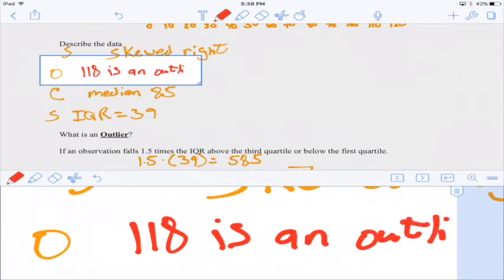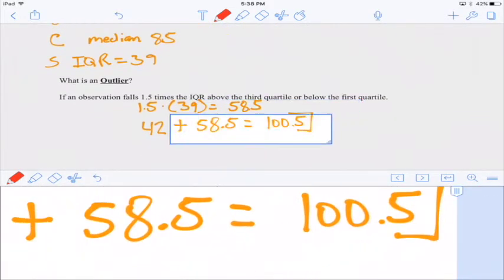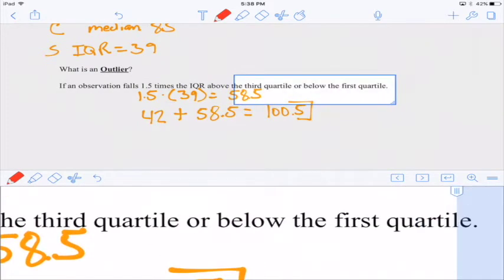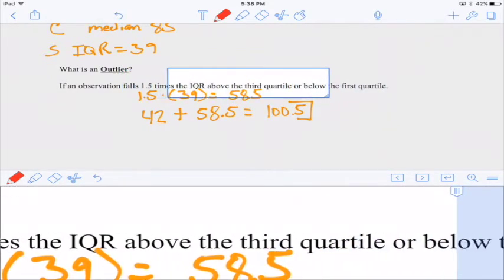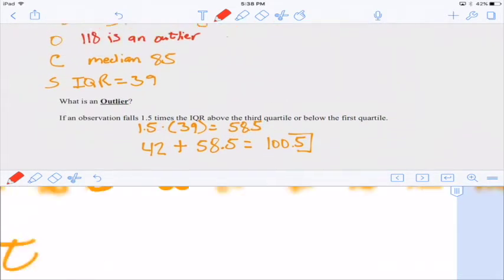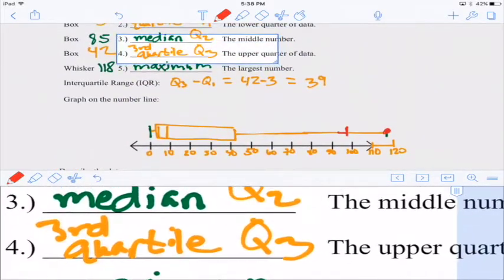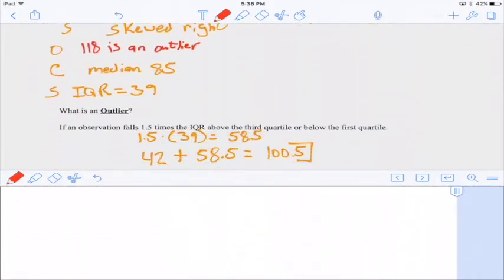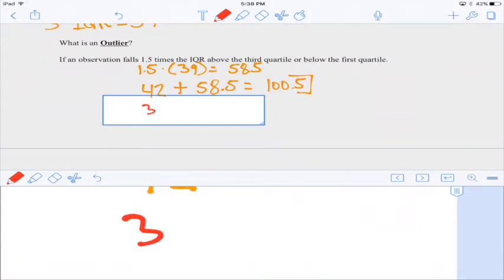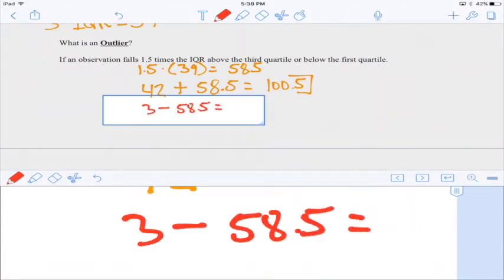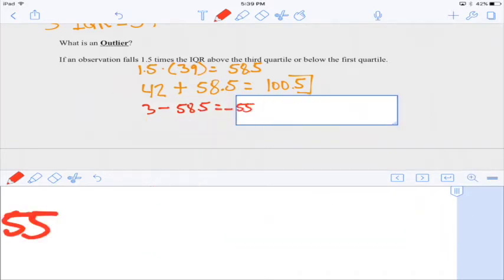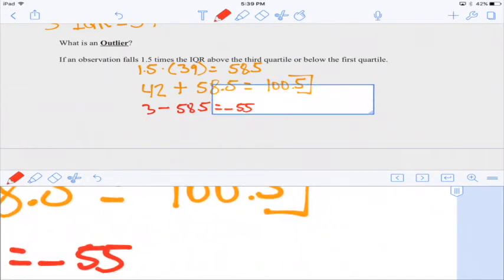That was just above, so let's check the below. So if we said 1.5 times the IQR below the first quartile, well, the first quartile is at 3, so we would say 3 minus 58.5. Well, that's negative 55-ish. There's nothing past that, okay?